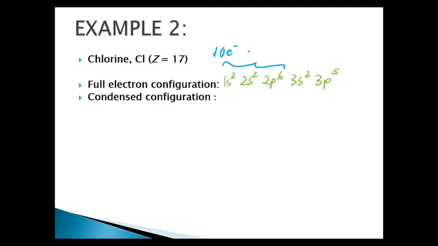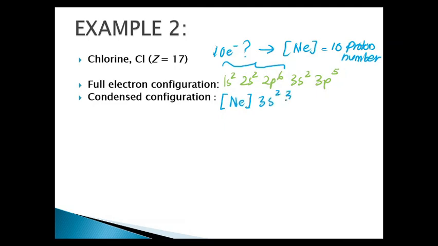Which element in group 18 has 10 electrons? Yes, that would be neon. Neon has proton number 10. So the condensed configuration is bracket neon, and then write down the valence electron, 3s2, 3p5.